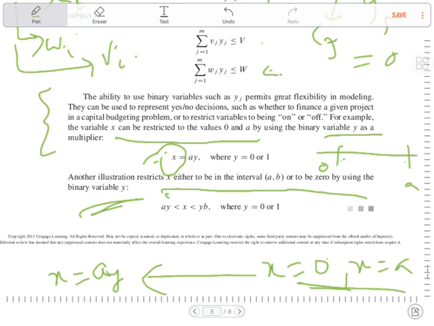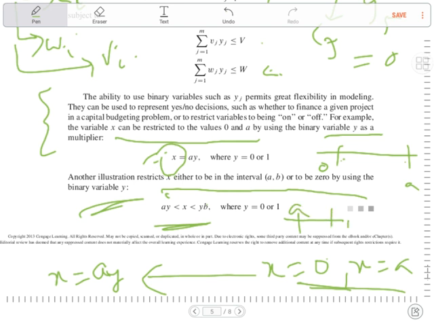Suppose I want this one. If y equals 0, then x is 0, as you can see, because this and this become 0, so ultimately x is going to be 0. But if y equals 1, then definitely your x variable is lying within a to b, whatever interval you are taking.